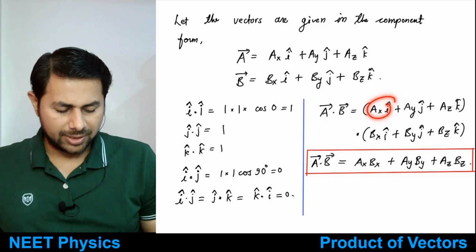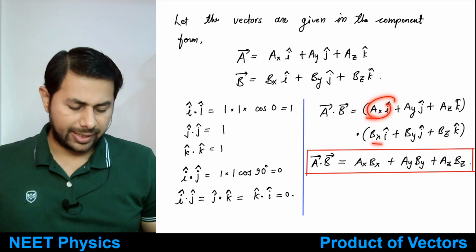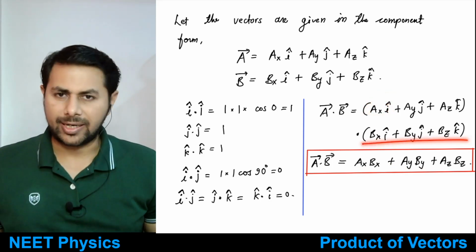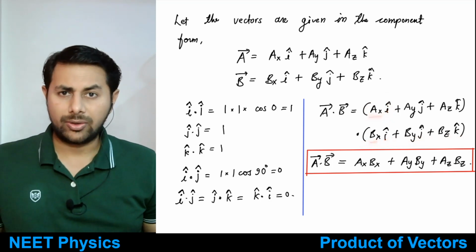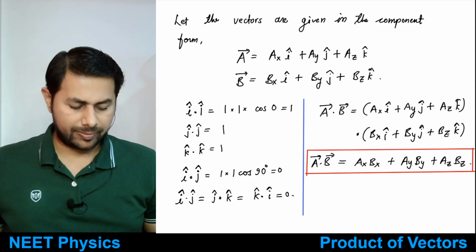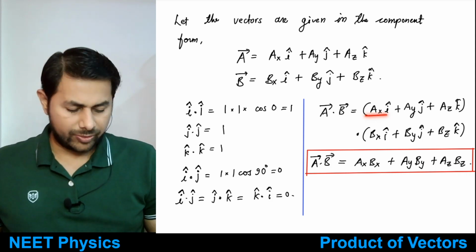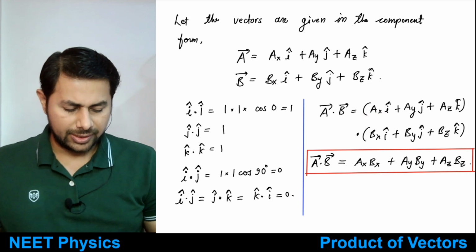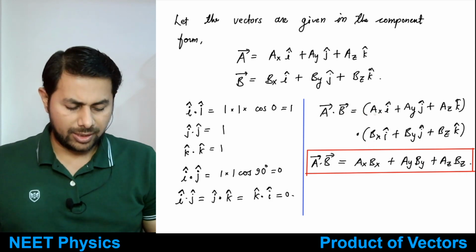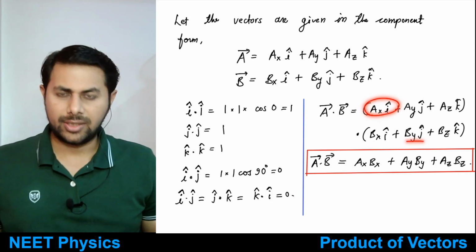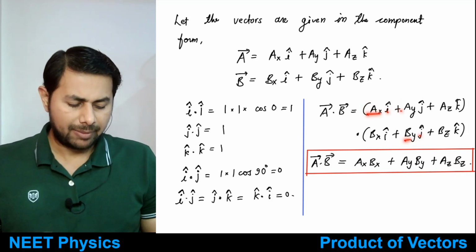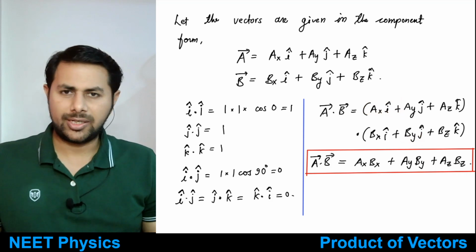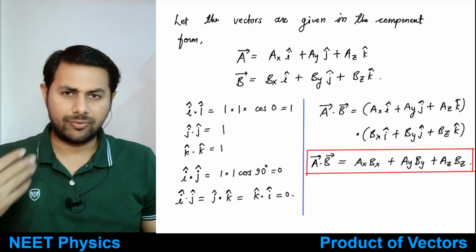If you multiply this with this, let's take Ax into I cap multiplied with this bracket. So you get Ax Bx I cap dot I cap. I cap dot I cap is equal to what? 1. So the result is Ax Bx. Then if you multiply this with this, you get Ax By I cap dot J cap. And what is I cap dot J cap? It's equal to 0. So that term will vanish.